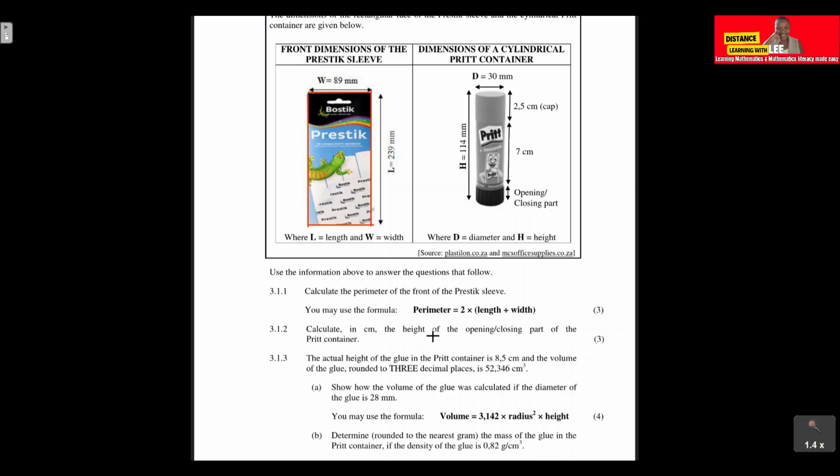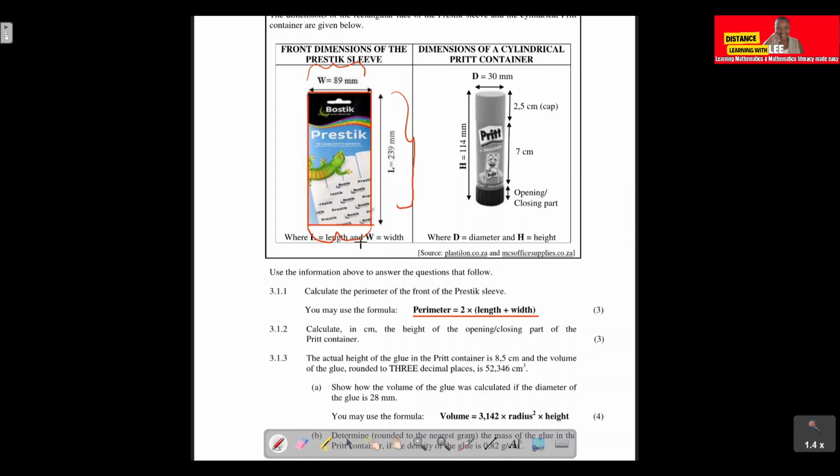So you don't really have to worry about what you should do, because we're given the formula that we're supposed to use. That formula tells us it's 2 times the length plus the width. How did they get to that formula? They just added the length from there to there, plus the length from there to there, plus the length from there to there.